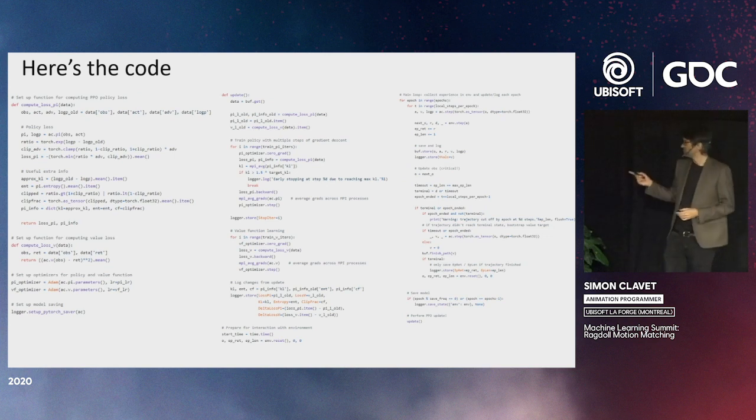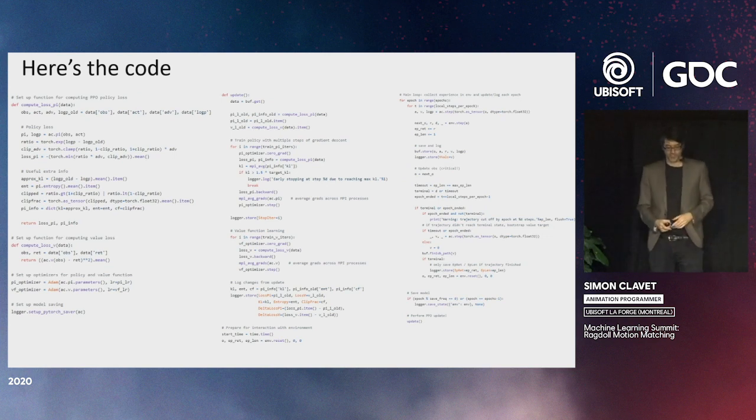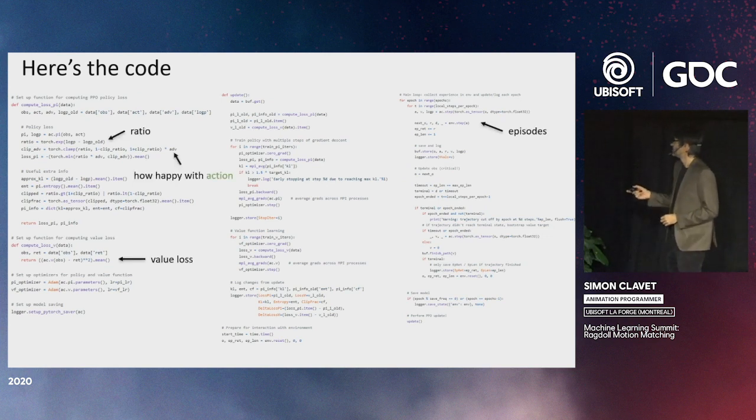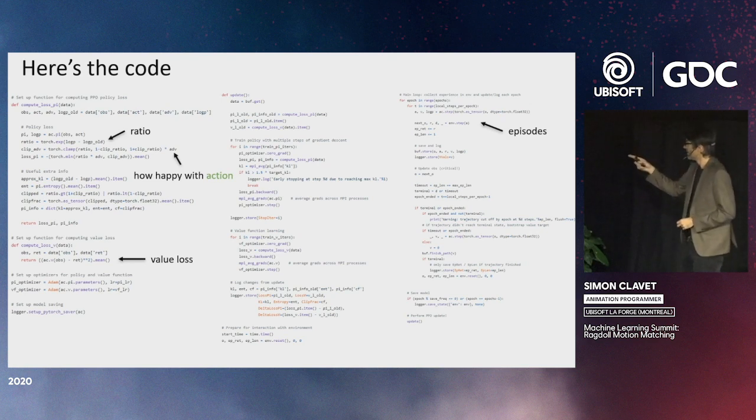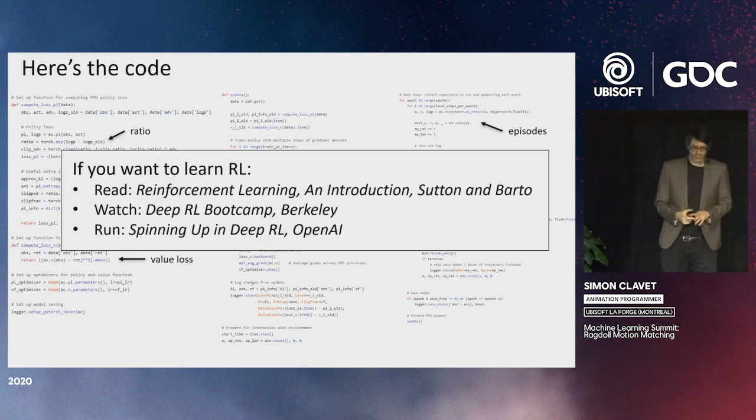And here's some code, lots of implementations of that on the web. You see everything we talked about is there: how happy we are with actions, the losses, the episodes. That's my suggestion if you want to learn this, because I think it's cool, and I think everybody should try to learn it if they can. The steps would be to read this book, Reinforcement Learning by Sutton and Barto.